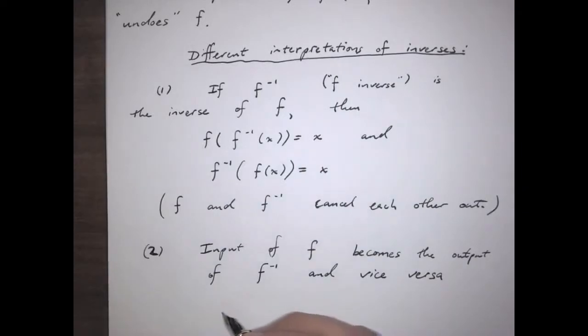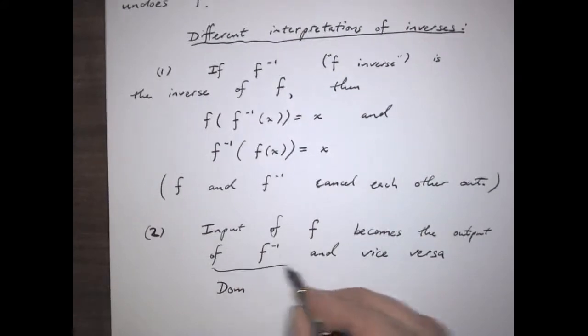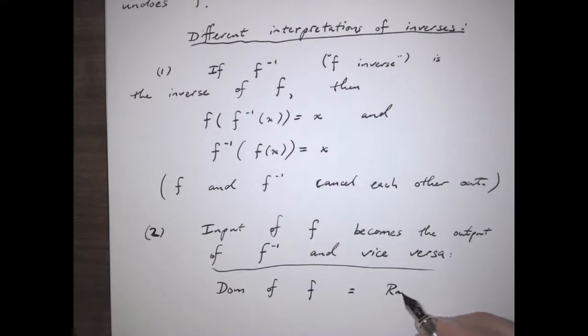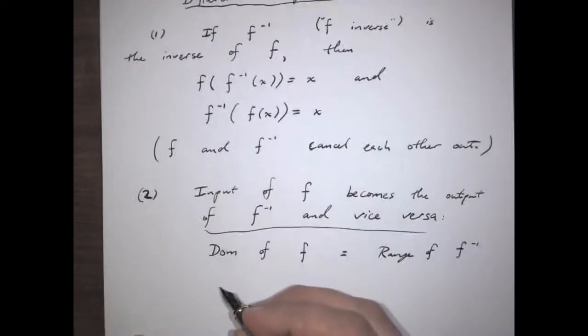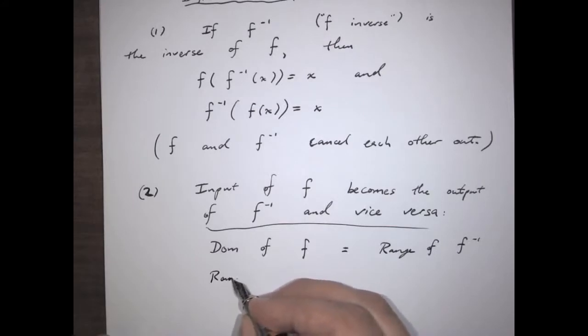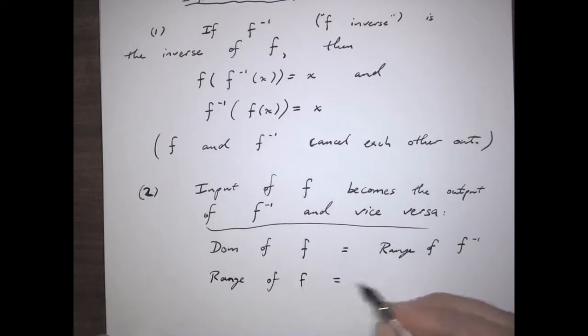So in other words, what that also means is the domain and range also get switched. So the domain of f equals the range of f inverse, and similarly, the range of f is the same as the domain of f inverse.